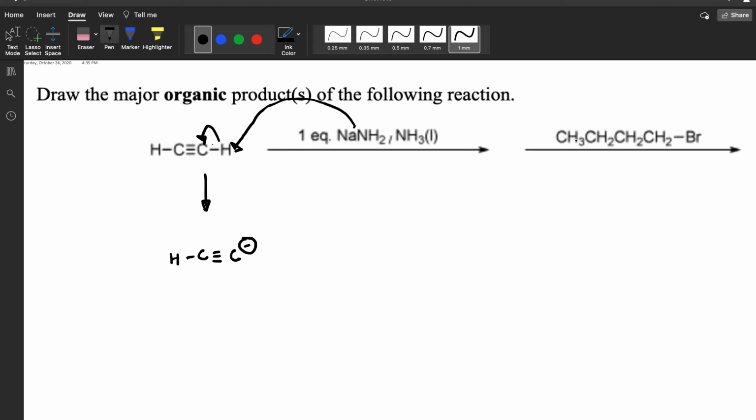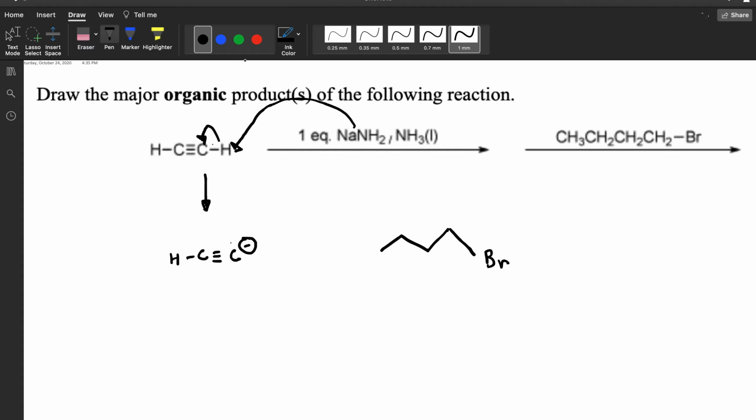Now you have a 4 carbon chain attached to a bromine, so that looks something like this: 1, 2, 3, 4, and then a bromine. Remember when we talked about how a nucleophile always attacks the electrophile? This has a minus charge, so it's a nucleophile, it's electron rich.